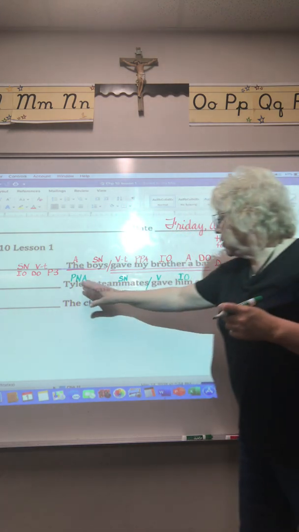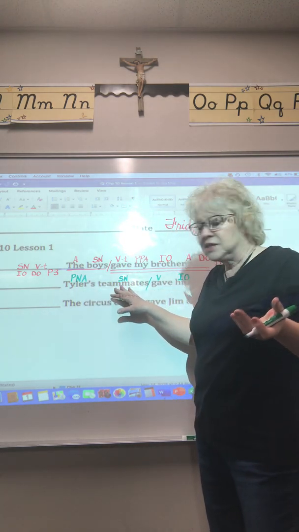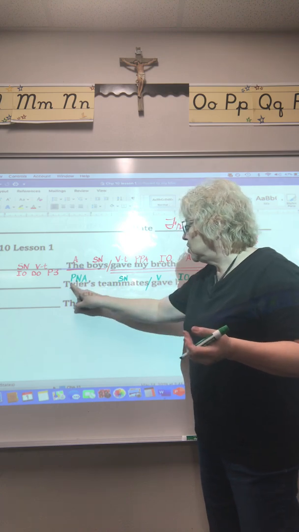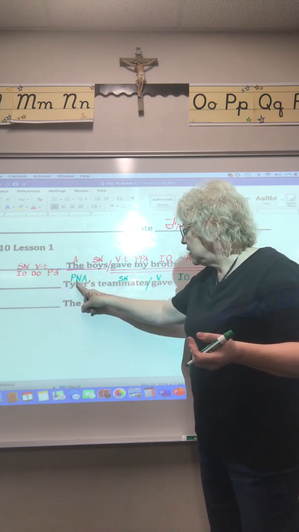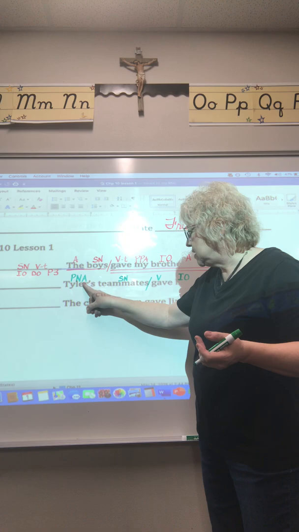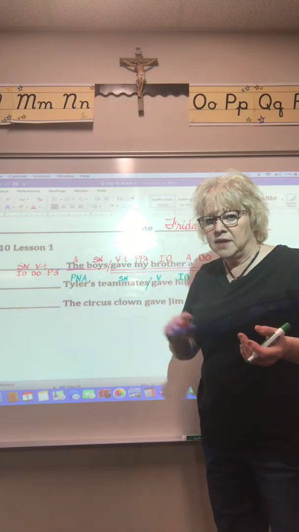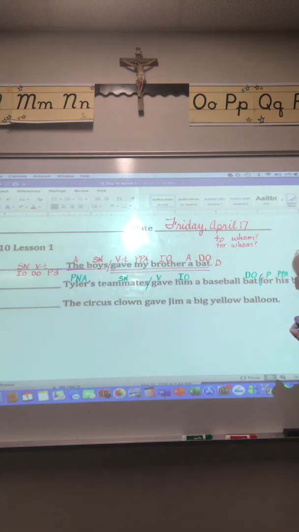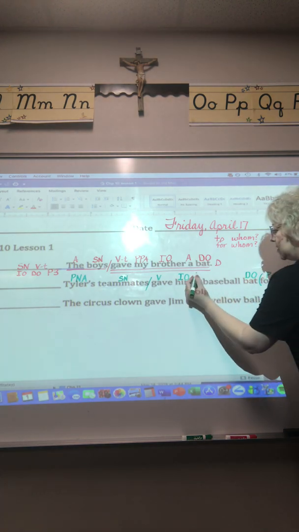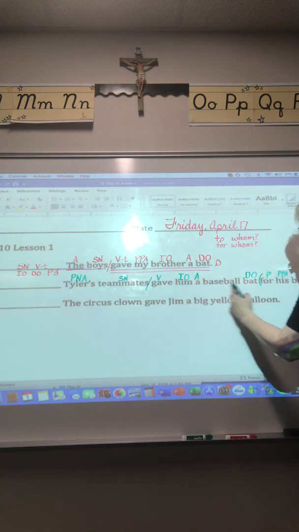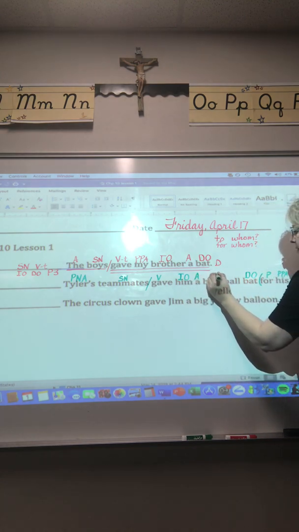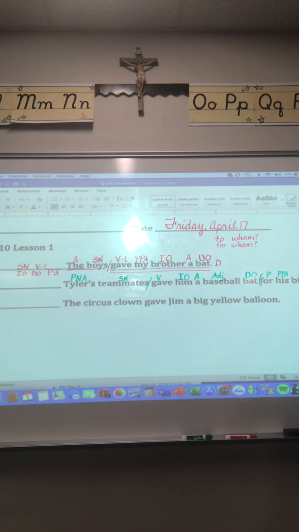He's part of the teammates, right? He's part of the team. So it's a possessive noun adjective, PNA. It's been a while since we've had that, so I wanted to make sure you knew that. Now we have A is an article adjective, and baseball tells what kind of bat, so it is an adjective.